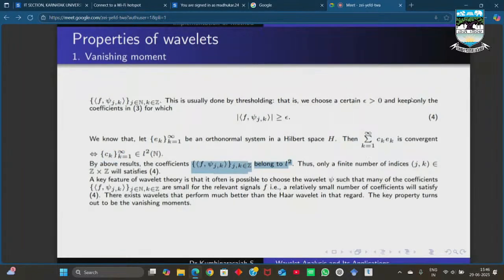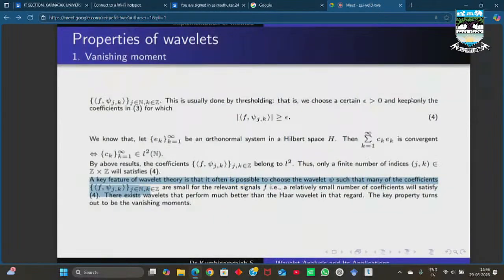Thus, only a finite number of indices j, k belonging to the cross product of Z will satisfy equation number 4. A key feature of this wavelet theory is that it is often possible to choose the wavelet psi such that many of the coefficients in this sequence are small relative to the signal, whatever function f we have chosen.